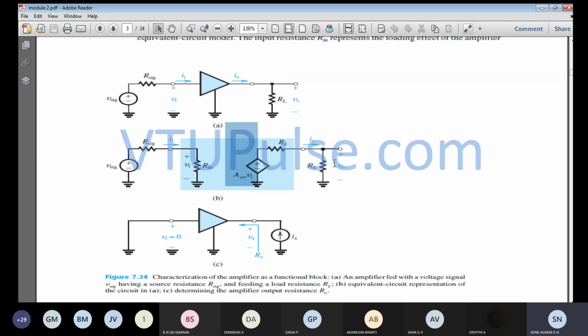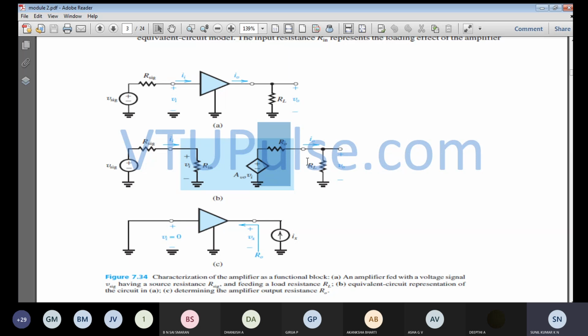So for that purpose, the amplifier output resistance should have a zero resistance. For an ideal case, the output resistance should be zero, but in practical circuits you are going to have a small resistance value. So that effectively all the output should appear across the load resistance without any loss of the signal.